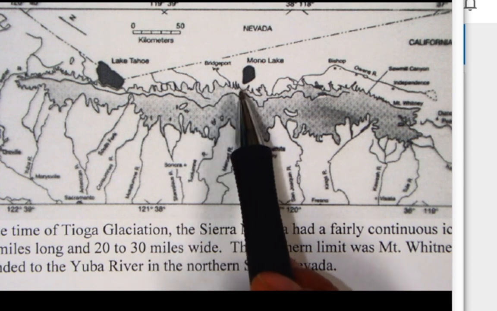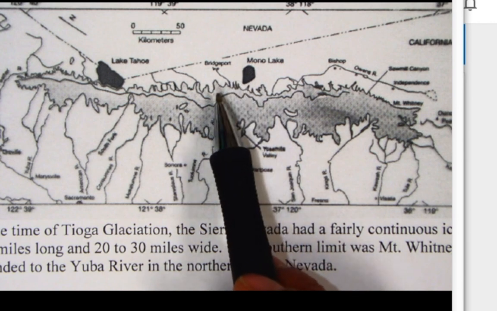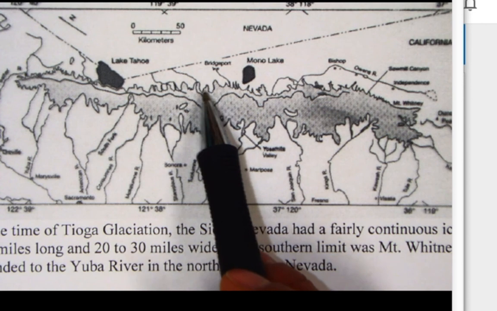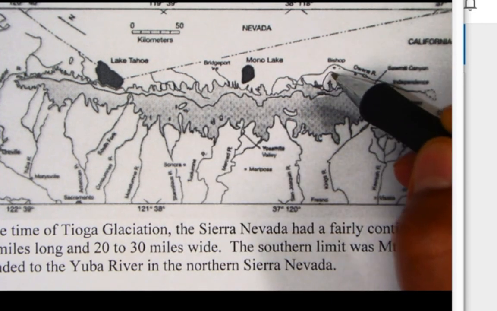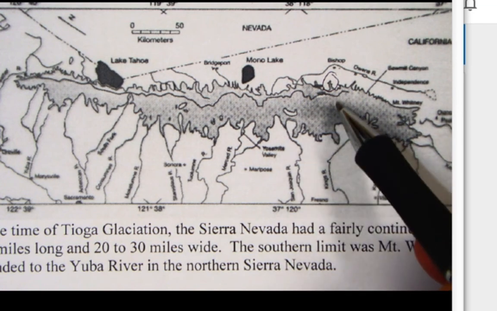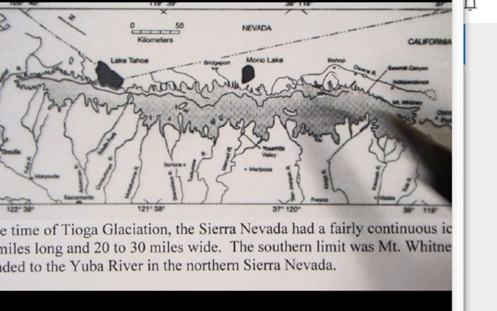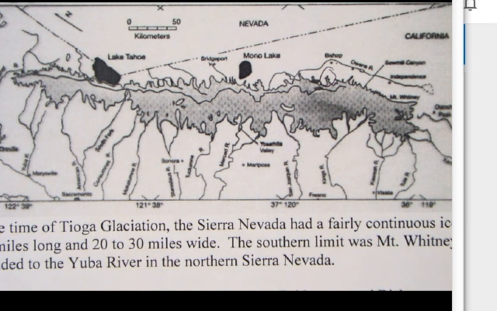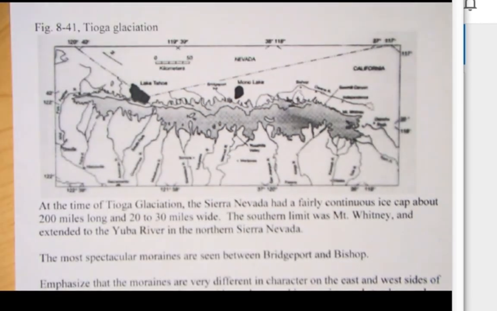We can see these great lobes of moraines going out into the Owens and Mono Basin. One important one I want to point out here is the Big Pine moraine. I'll show you a picture of Big Pine, and you can see this glacier really went out into the valley, and we see big moraines out there that document that glacier moving out into the Owens Valley.